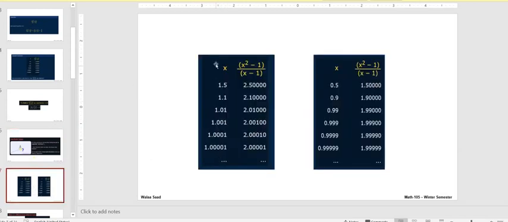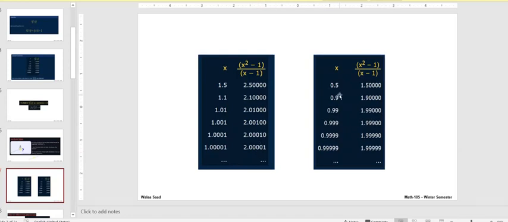Like here. Here we didn't need to do this, but we will see how we shall do it. Here x is approaching 1, starting with 1.5, 1.1, 1.01, as if approaching it from far away on the right side, decreasing the number toward 1. At each number we evaluate f of x and find that it's approaching 2.